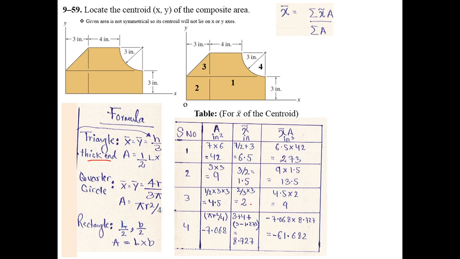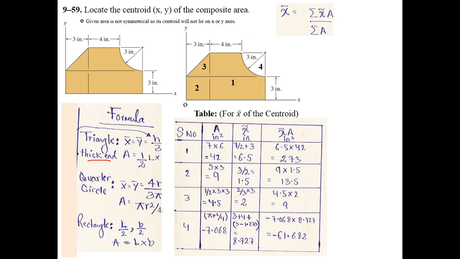That is why it is 2. Or you can say that from thinner edge the centroid is 2 by 3 of h. So it is 1 by 3 of h from thicker end and 2 by 3 of h from thinner end. So you can directly say that it is 2 by 3 of this side, which is 3 inches, measured from this point, thinner edge of the triangle. So it is 2 inches.